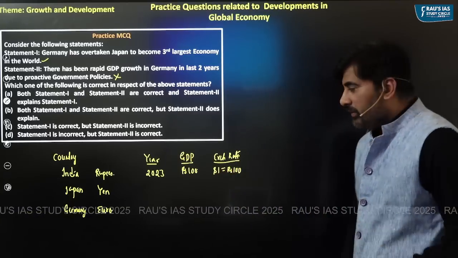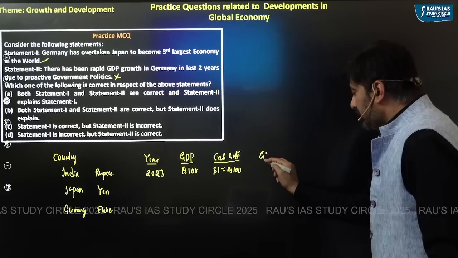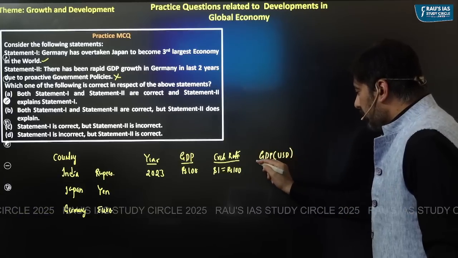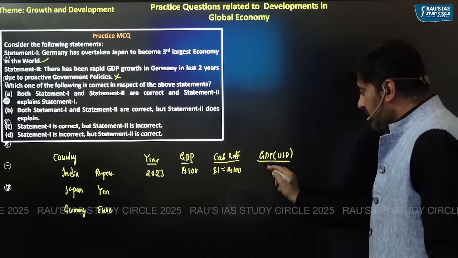It is just an example. So what will be India's GDP in terms of US dollars? In terms of US dollars, our GDP would be $1.